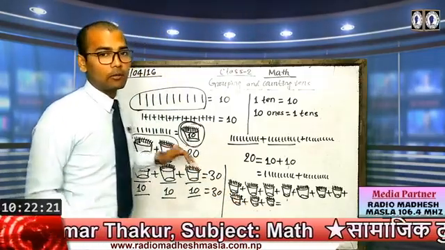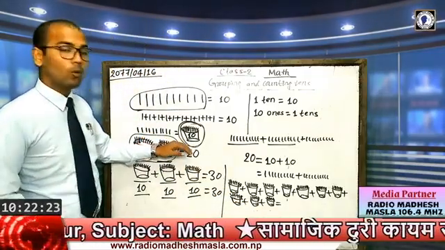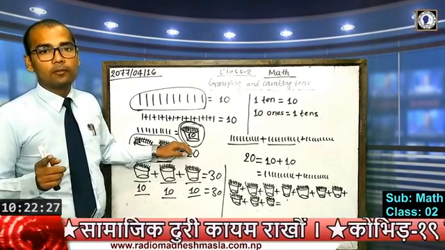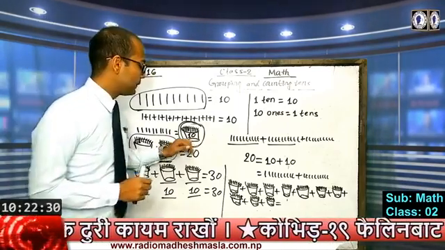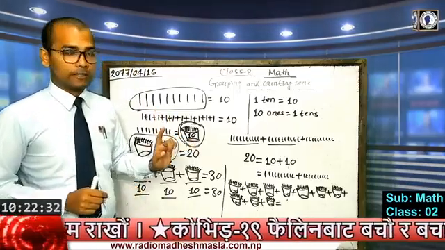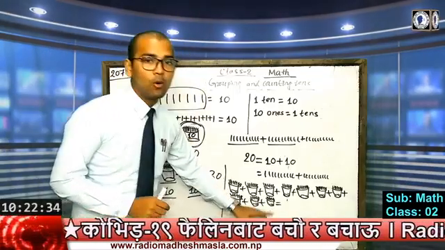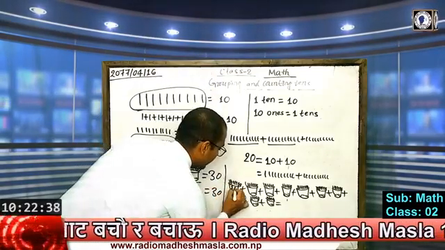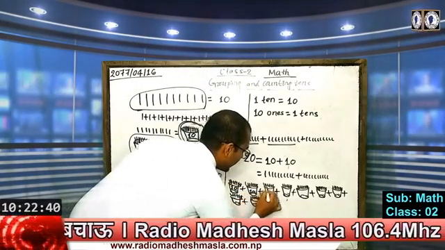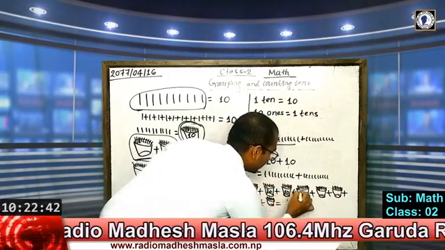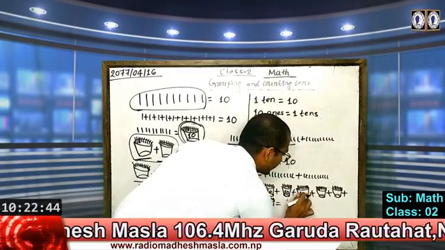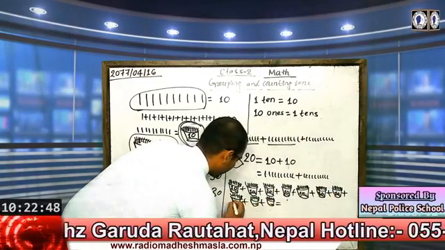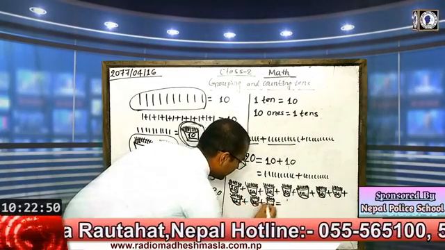And we know that one bunch holds how many pencils? 10 pencils. One bunch holds 10 pencils. In the same way, how many pencils do 10 bunches hold? Look here: 10, 10, 10, 10, 10, 10, 10, 10, 10, 10.